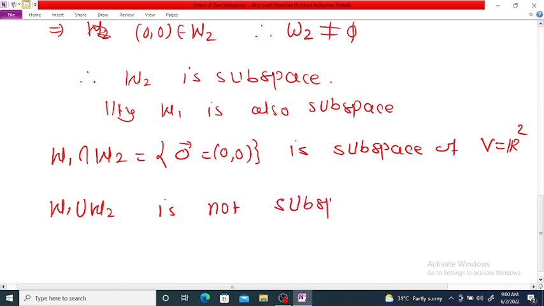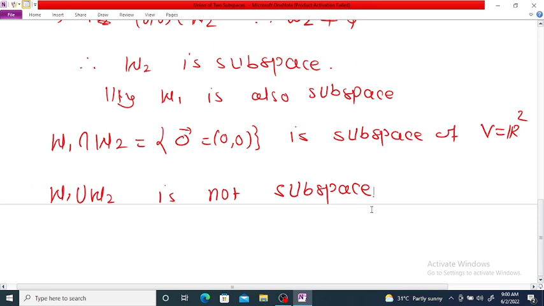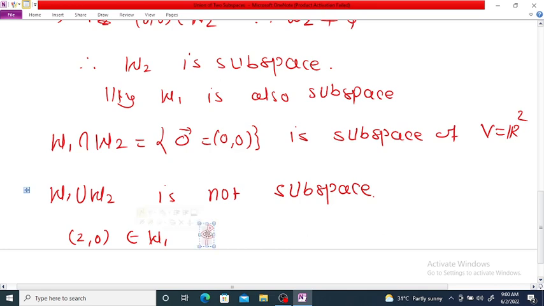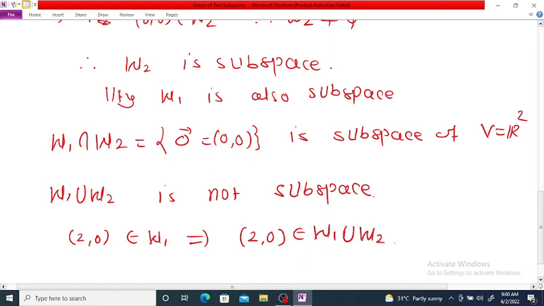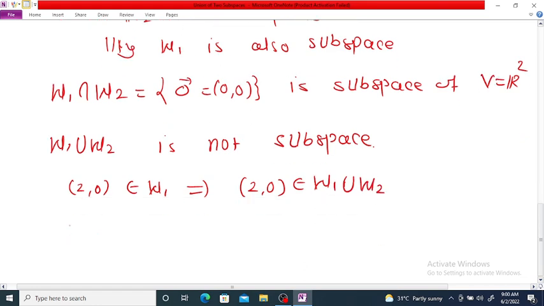Why? Because if we take the element (2,0), it lies in W1, so it belongs to W1 union W2. What is union? It must lie either in set W1 or set W2. Similarly, (0,2) lies in set W2, so it belongs to W1 union W2.